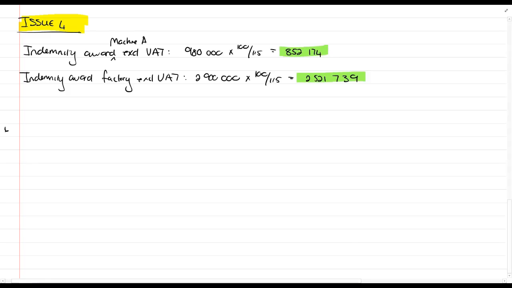Okay, so here we go now. I'm just going to change the color here just to make it a little bit clearer. Destruction of machine A. So this is a disposal for capital gains tax purposes, because we go from having a machine to not having a machine.